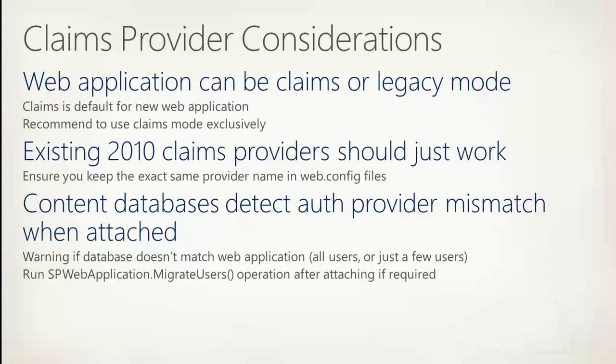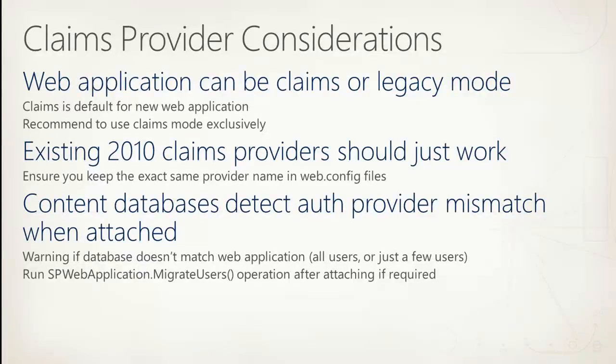And they also, at our behest, added in a new check so that if you attach a database that has users who haven't been migrated yet, or that the users do not match the authentication provider you're using, the claims provider or authentication type, it'll actually tell you, so that you know you have effectively orphaned users. They can't log in to use the site based on the current web app authentication mode until you go resolve that problem.